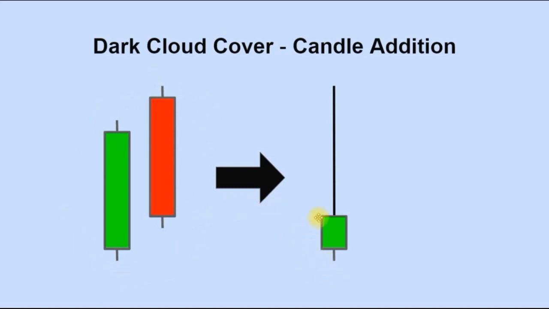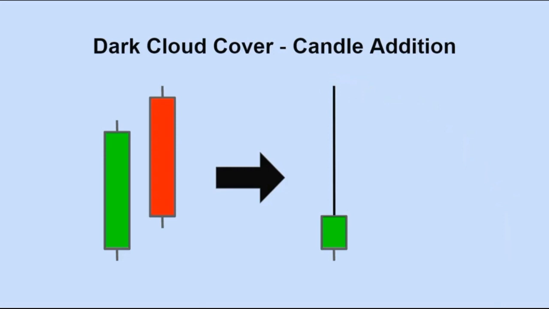The body consists of the open of the green candle and the close of the red candle. The bottom tail is the lowest point the price hit. The upper tail is the highest point that the stock price reached. An exact replication of the story of these two candles.